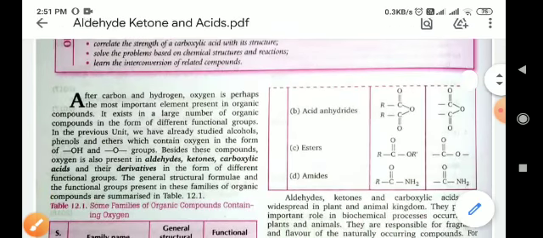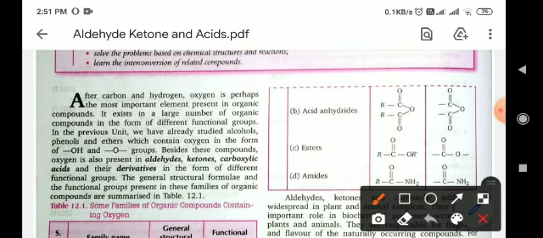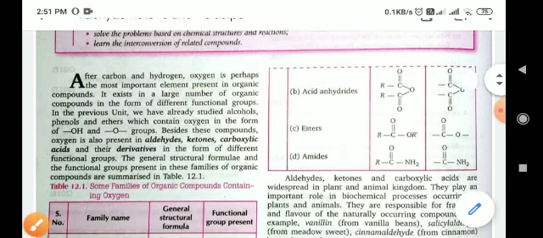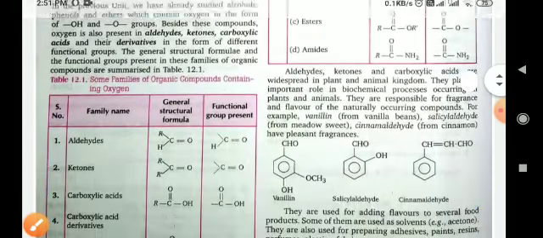If the same unit of carbonyl group is present, then it is known as an acid anhydride. If OR is present, then it is known as an ester, and if NH2 is present at this point, then it is known as an amide. So these are basically the derivatives of carboxylic acids.